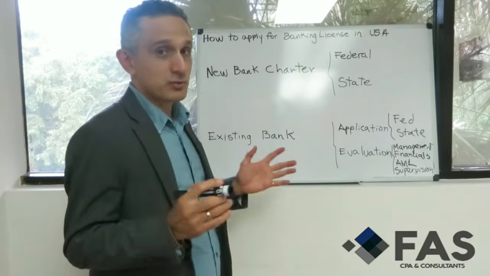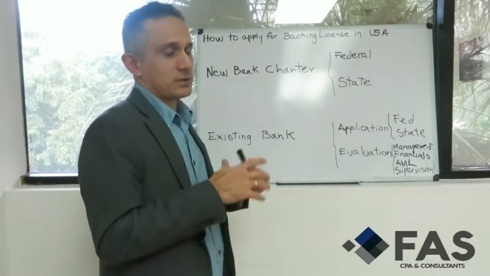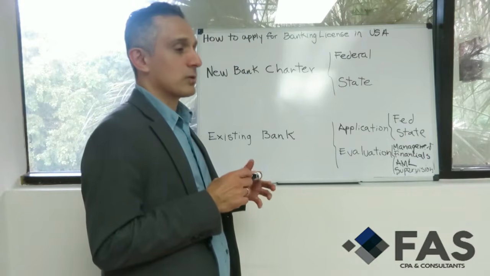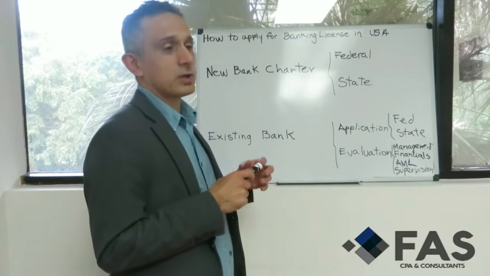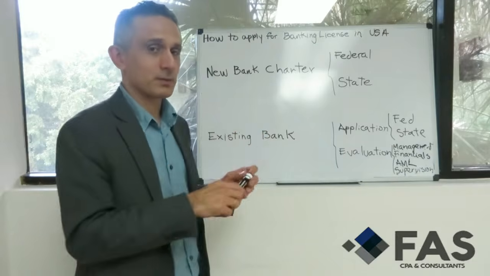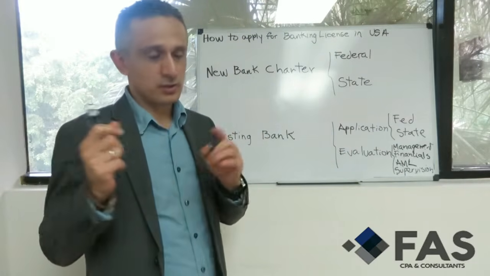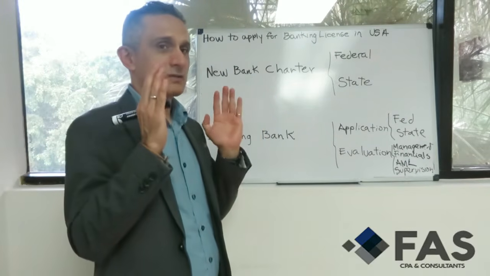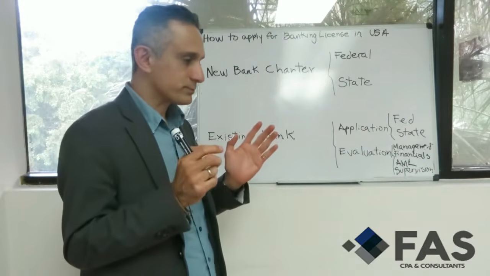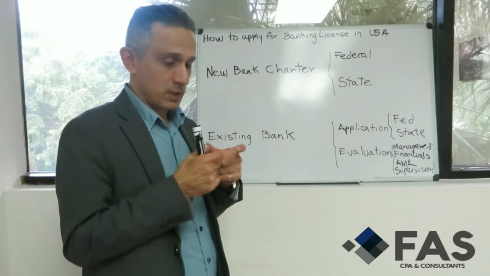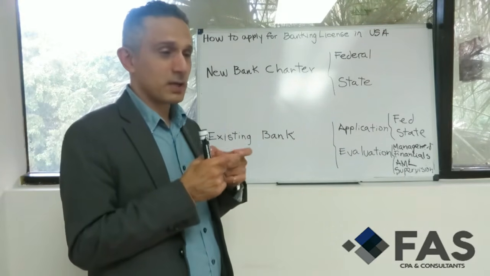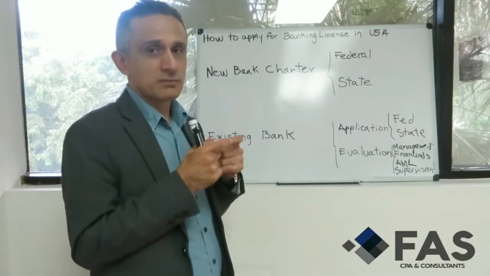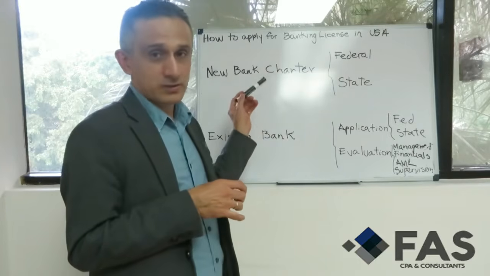If you have a bank in your country and you want to come to the USA, for example, we have the case of a client who wanted to come from a foreign country and open a bank here in the US, but they have a bank in their country. The good thing about that is that the legislation in your country of origin, the soundness of the legislation and of the supervision of the banking regulations in your country, is going to be considered very closely by the state here in the USA.